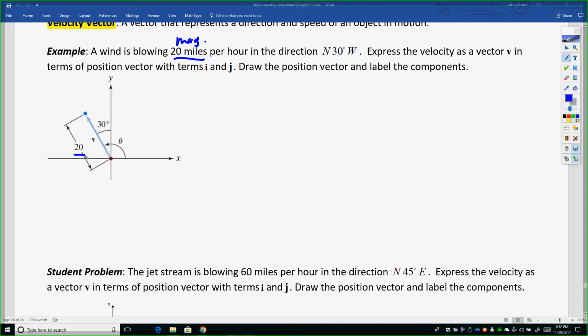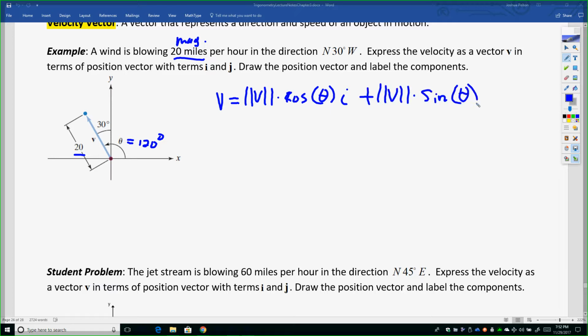If I draw north by 30 west, that means my actual angle is 120 degrees, because the trig angle and the bearing angle are two completely different things. They're related, but you can't use one in the formulas. So if I use the formula, v for the vector equals the magnitude times the cosine of the angle, i, plus the magnitude times the sine of the angle, j, that will give us our vector, since we do not know the beginning and the end.